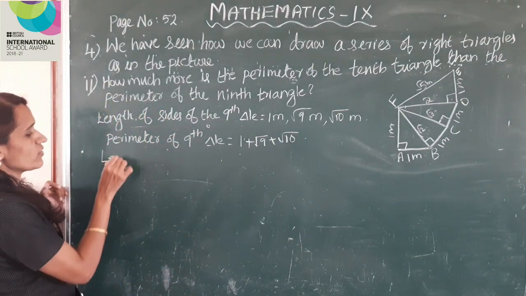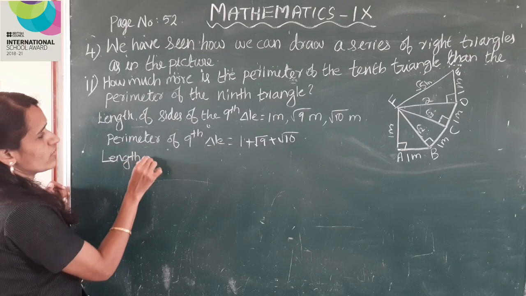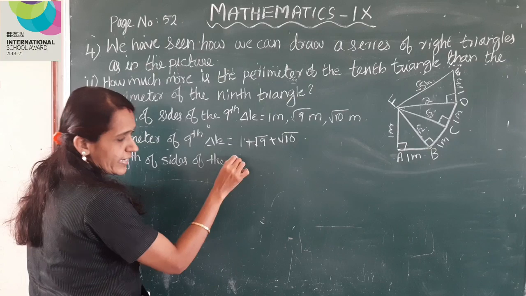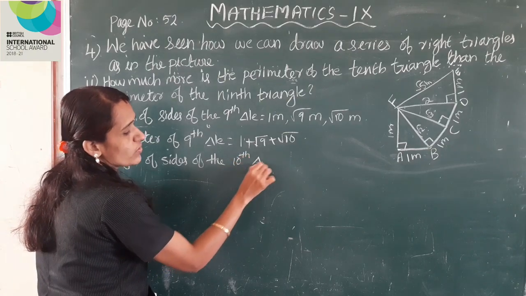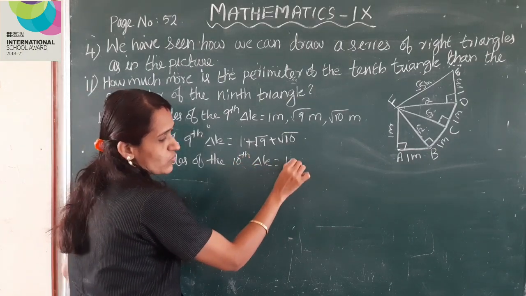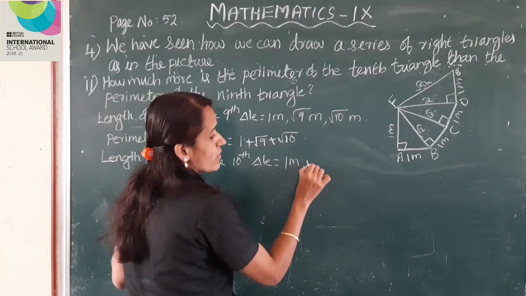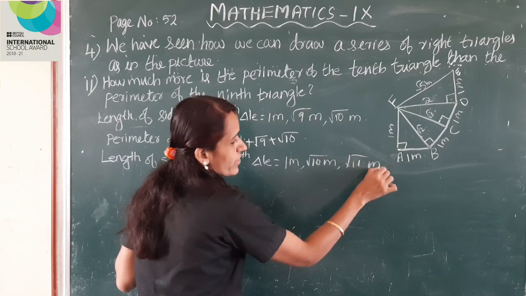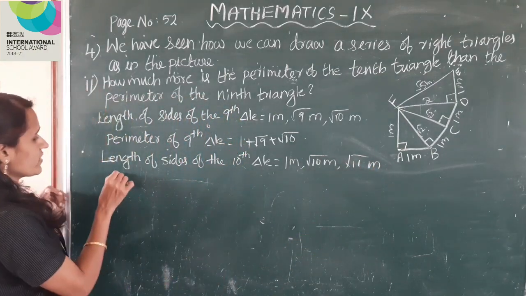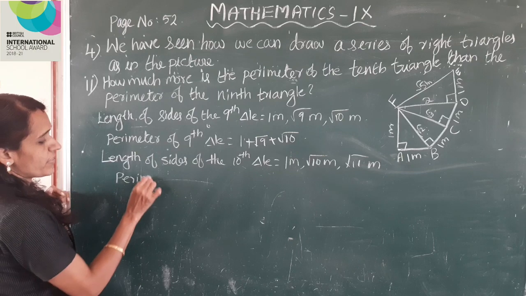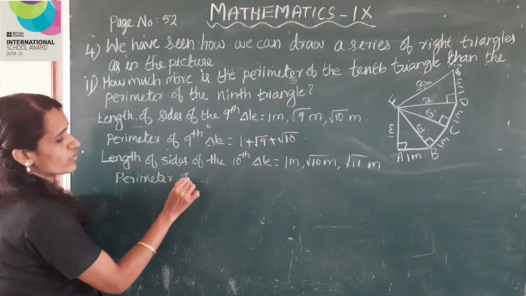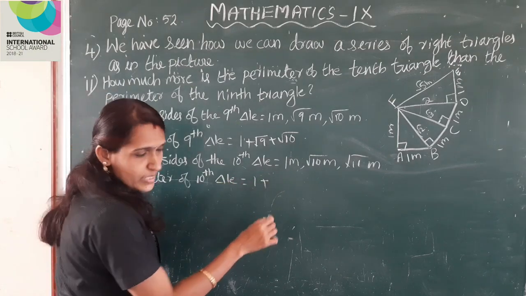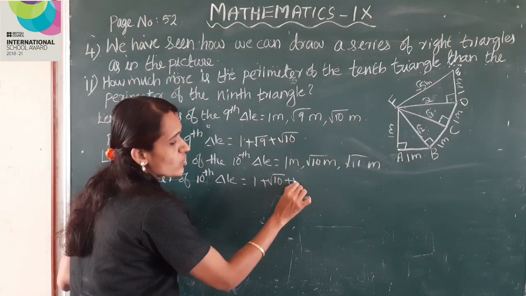Next, the sides of the 10th triangle: base is 1 meter, altitude is root 10 meter, hypotenuse is root 11 meter. So the perimeter of the 10th triangle is 1 plus root 10 plus root 11.